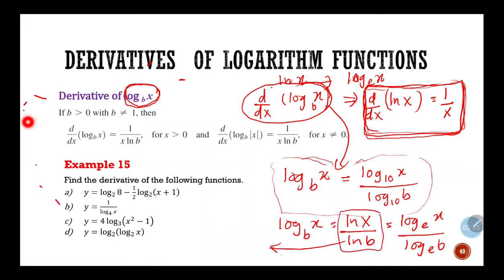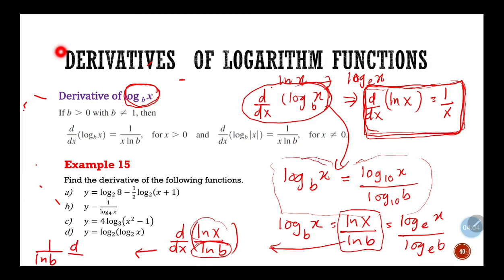From here, we differentiate d/dx of ln x over ln b. Of these two, which one depends on x? Only ln x. The ln b is a constant, don't be fooled. This b is only a constant, so you may bring out 1 over ln b, and you have d/dx of ln x.